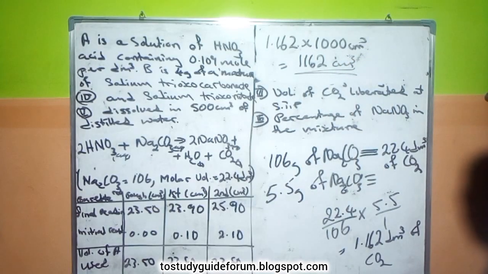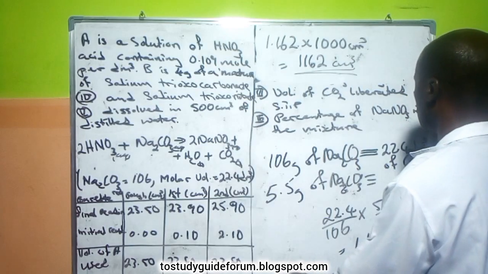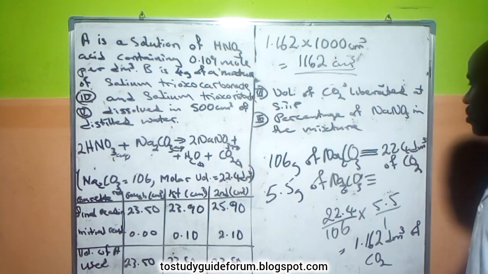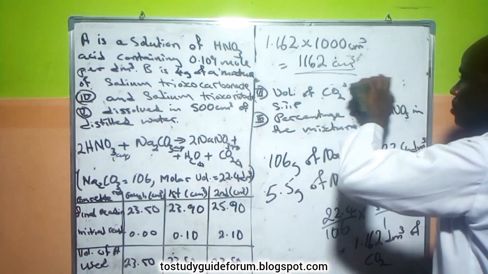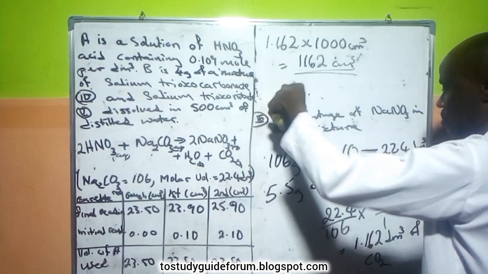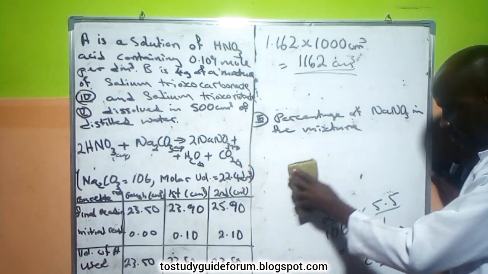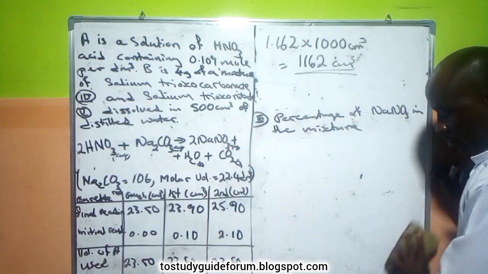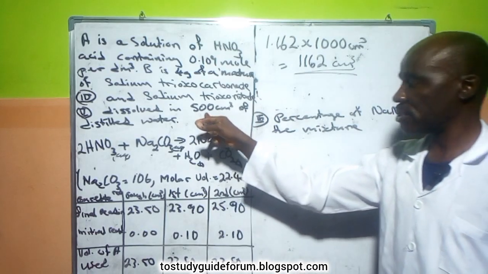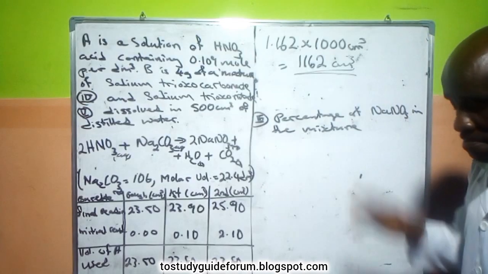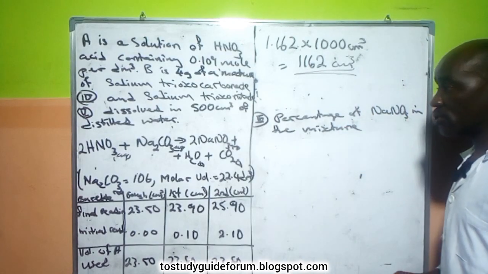So the next one we're looking at now, it says we are calculating the percentage of sodium trioxonitrate 5 in the mixture. Now look at it. We have it in 25, dissolved in 500 cm cube.